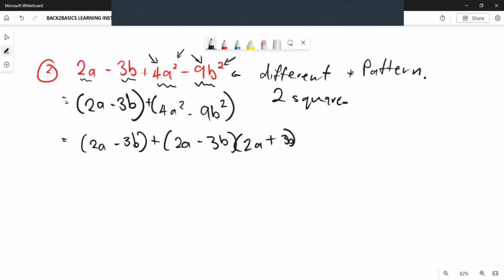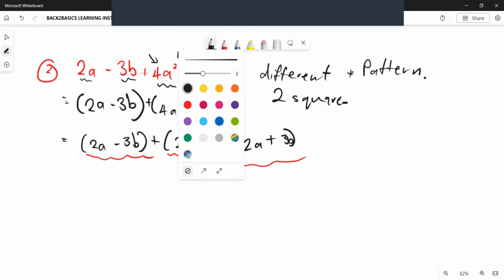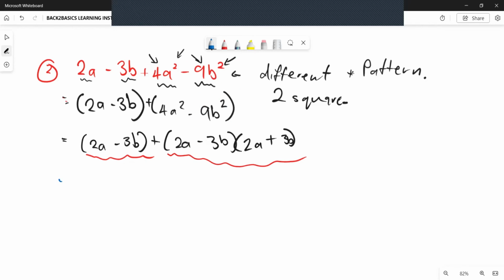Altogether. And now, if you can look at these terms, remember this is a term on its own, and also this is a term on its own. Is there anything that you can realize here? Yes, you can see that almost all of them have 2a subtract 3b, which means you can then take out your 2a subtract 3b as a common factor.